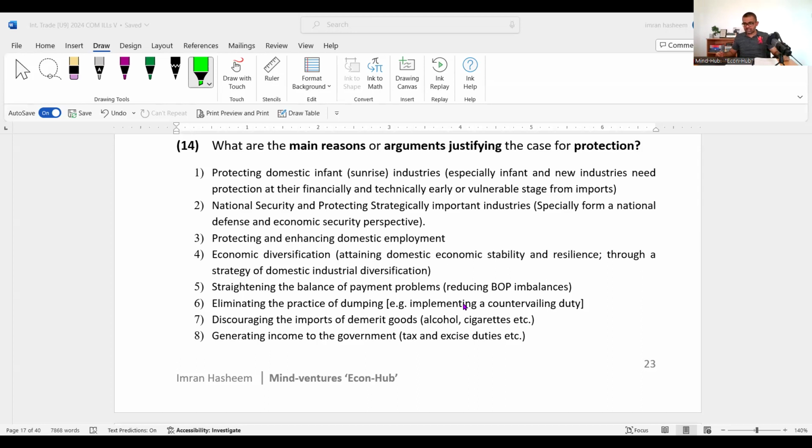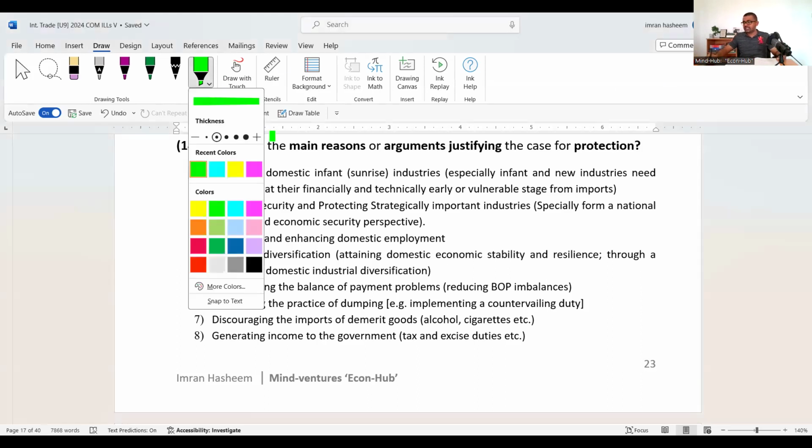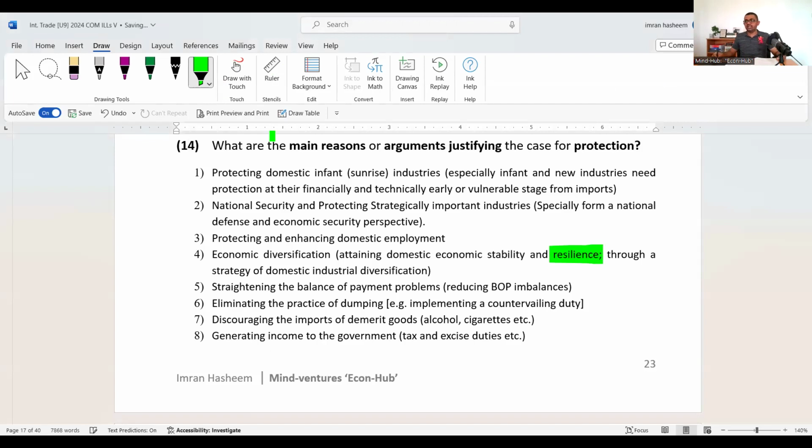Economic diversification, as I said earlier, we talked about diversification to maintain a bit of domestic stability without depending too much on imports. There's a nice word that we use for this. As a country, we need to develop economic resilience. What is the word? Economic resilience. The ability to withstand the external shocks we get.